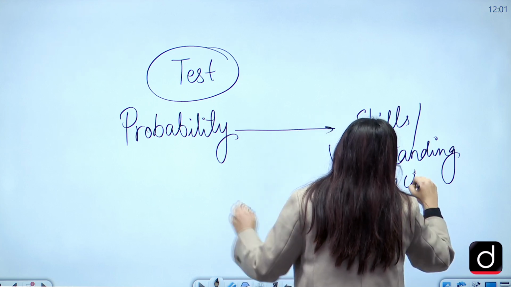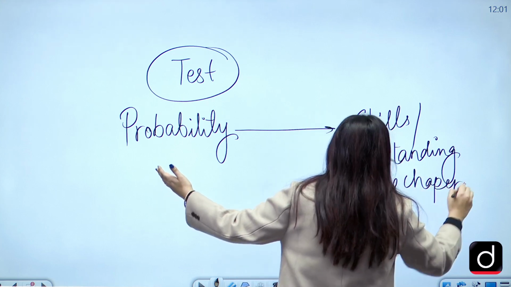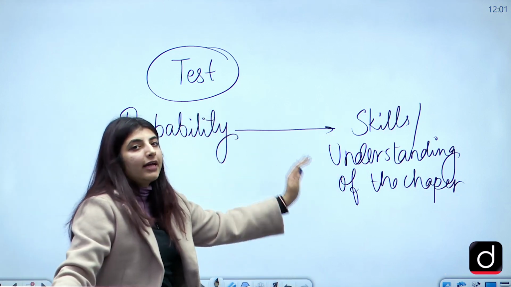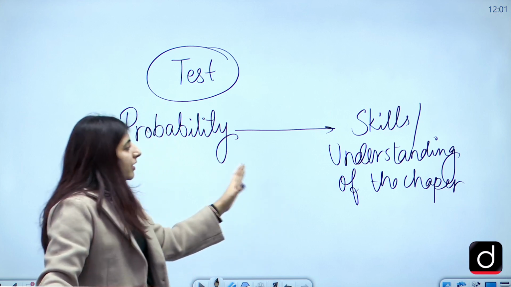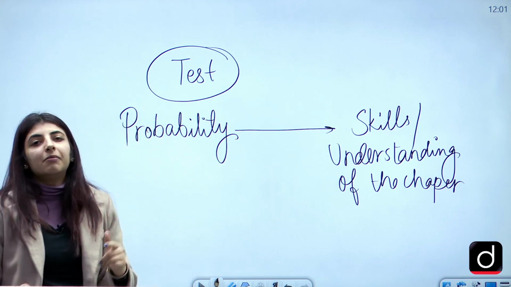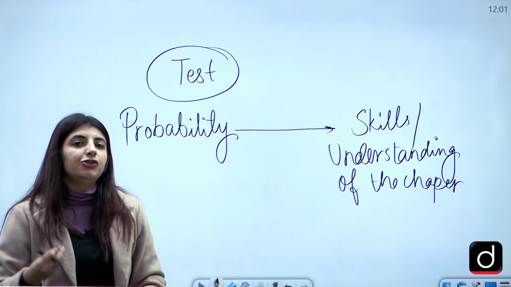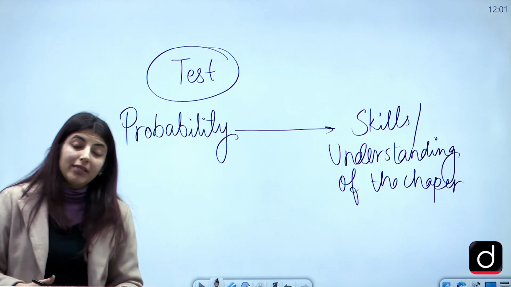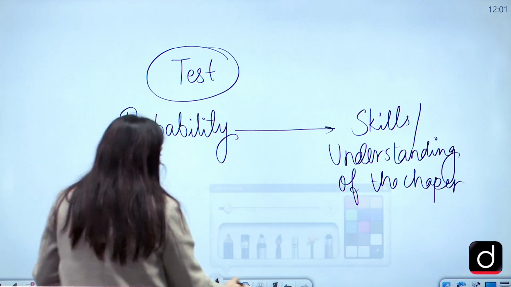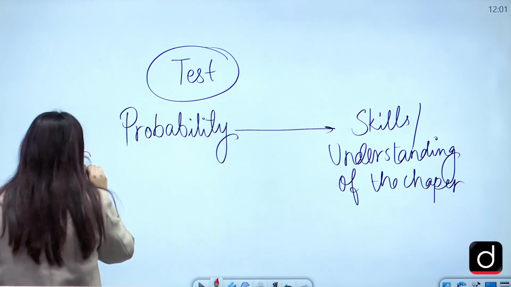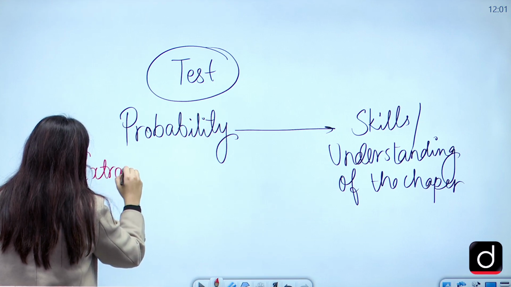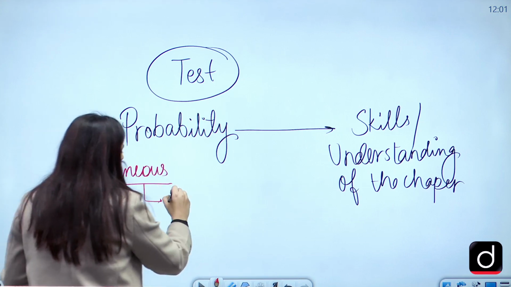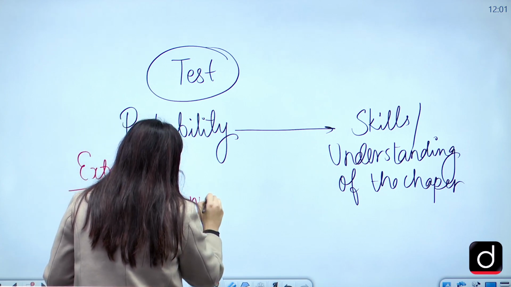Correct? So you want to observe the effect of your teaching the probability chapter on the understanding of the students. But when you suddenly introduced a surprise test there, the students were panicked, some of them did not understand the chapter and they did not raise their voice, right? So what we had here as an extraneous variable, the extra variable, could be them being panicked.